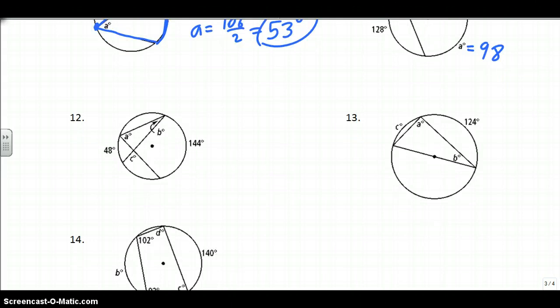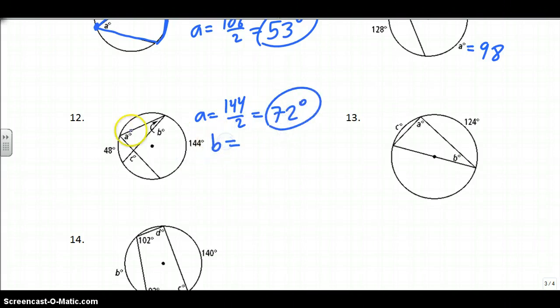On this one, A happens to be half of the arc that it makes, which is 144. So A is half of 144, which is 72 degrees. B is half of this 48 degree arc, so it's 24 degrees. And C is a little trickier. I notice that C is vertical with this angle here, which means it is also C. Then you've got a triangle.